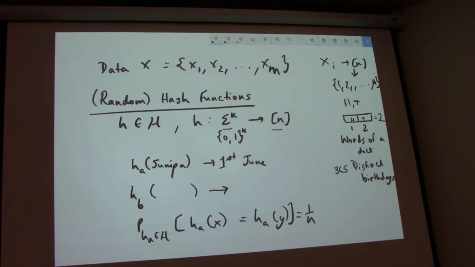I just want to make sure I understand it. So we have HA, HB, up to some H, and they're deterministic hash functions that map onto some spot on an array. But you have a set of hash functions and you're choosing them randomly. Yes, so that's where the randomness comes in. Once you've chosen the function, it's deterministic, so it will give you the same value every time you put in the same input.